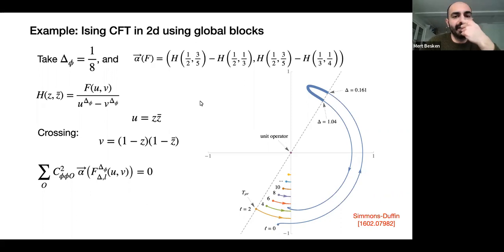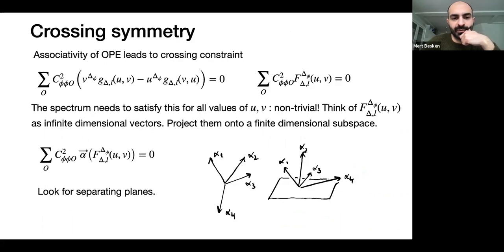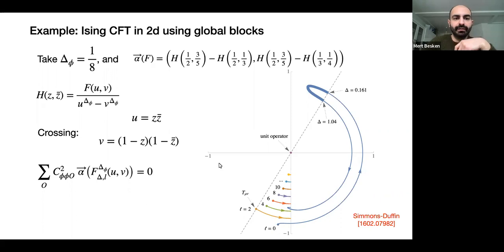We're just going to think in terms of global blocks, which we had shown are just hypergeometric functions. Take as your external operator the spin operator that has dimension 1/8, and pick the specific cooked up linear functional alpha, which is 2-dimensional.